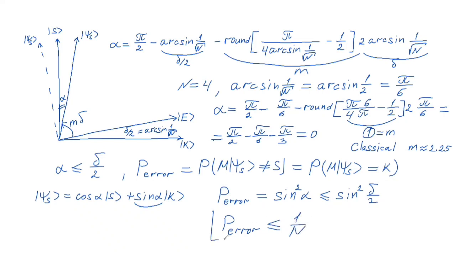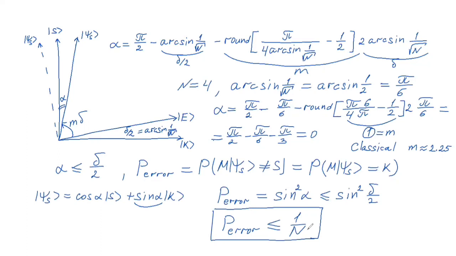So you can imagine that for large n, this probability is very small. For a search register, when we use for search space n equal to 1 billion, the probability of an error is smaller than 10 to the minus 9.